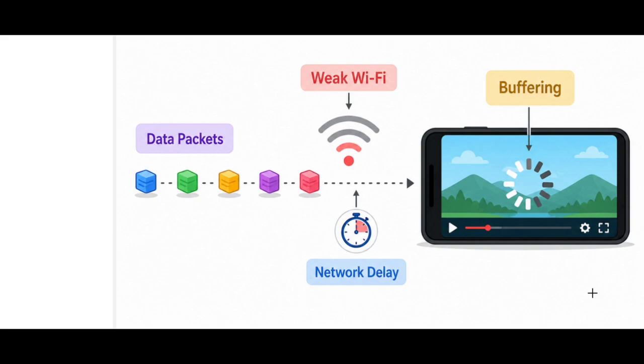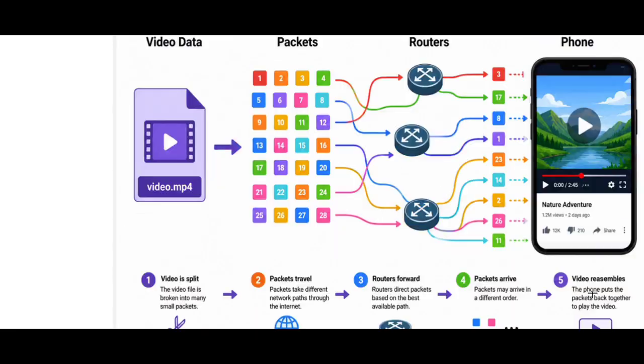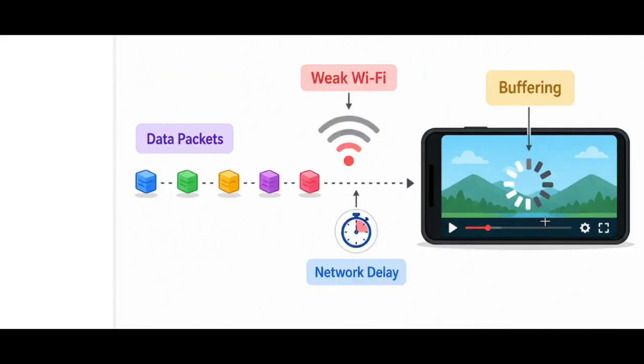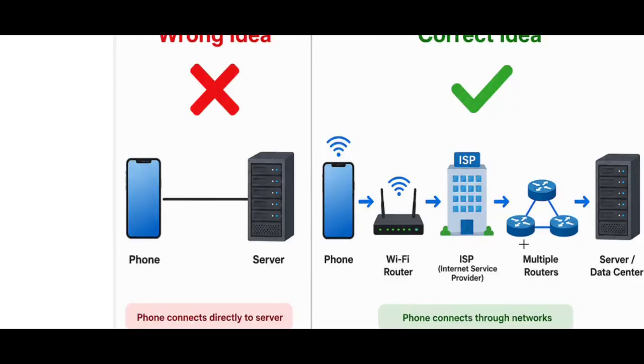So in order to avoid that, what YouTube does is, the broken packets that I have shown earlier come in chunks and then those chunks are played. So if a chunk arrives late, or we have weak Wi-Fi, or a network delay in the internet, or for any reason, that is how it causes buffering for us.